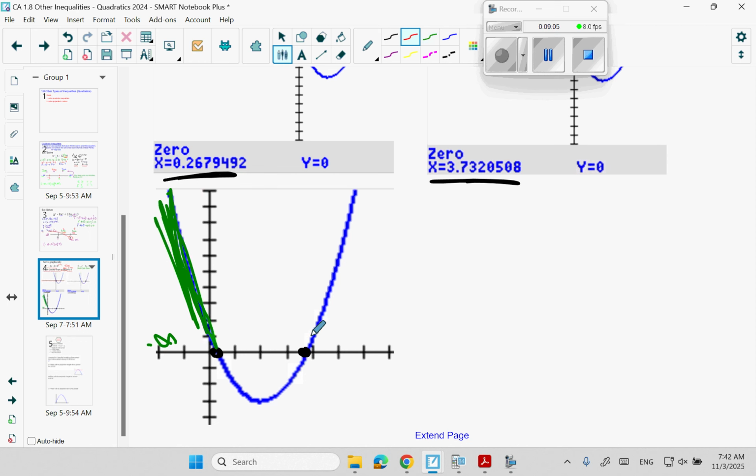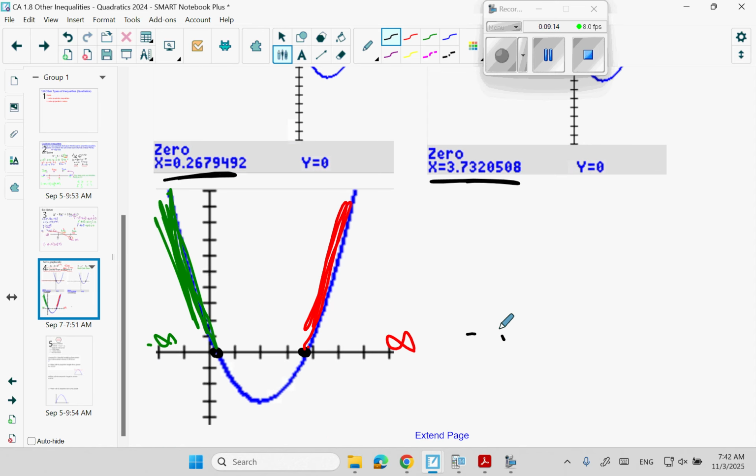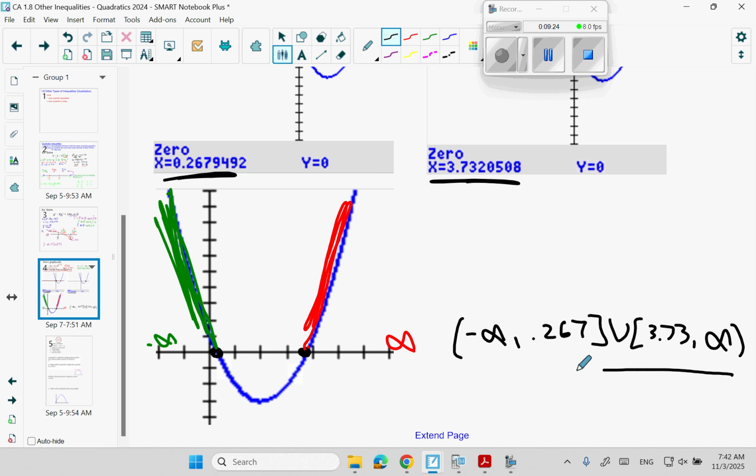And from this 0 all the way to positive infinity, I'm greater than. So we would get the interval of negative infinity to 0.267 union 3.73 to positive infinity.